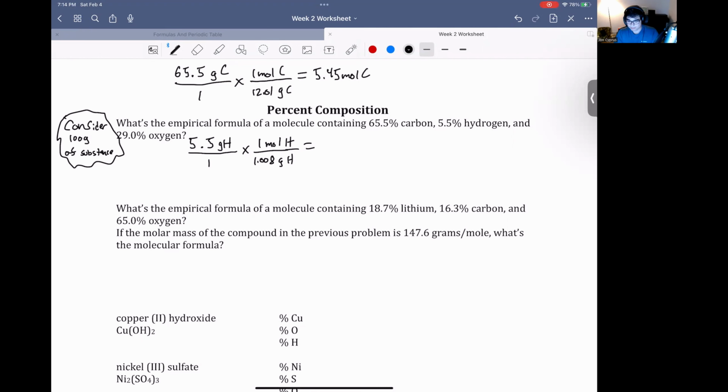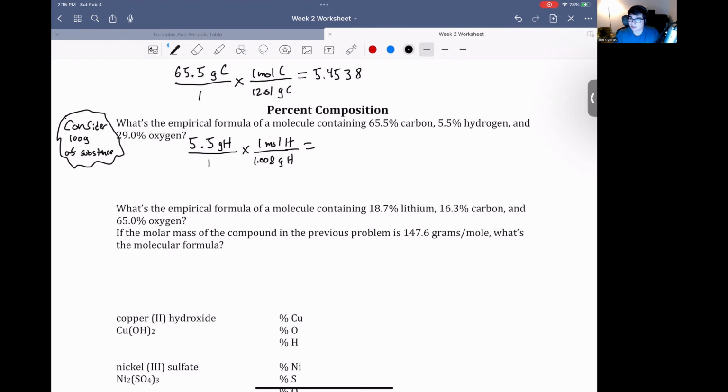Now, you can round the decimals here, but it's actually better to keep a few more. With this carbon, I'm going to add a few more digits. You don't really care about sig figs for empirical formula problems, and you'll see why at the end.